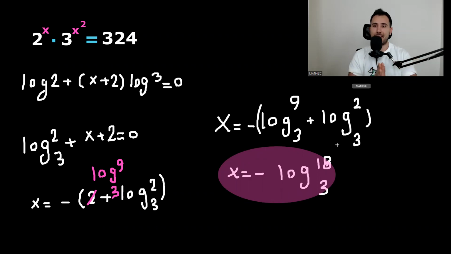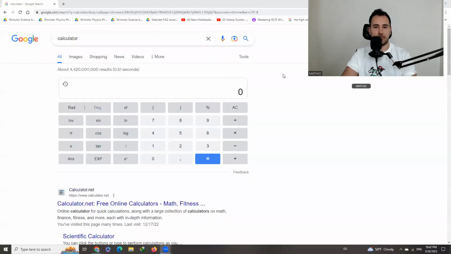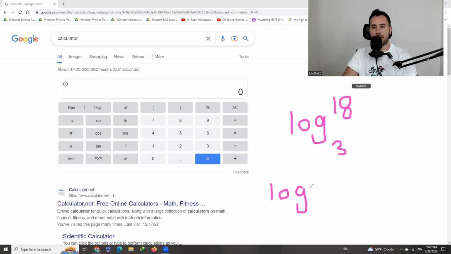Let's check the value of this. One thing to check it in the calculator, instead of going log 18 with base 3, I'm going to write it like this: log 18 divided by log 3.